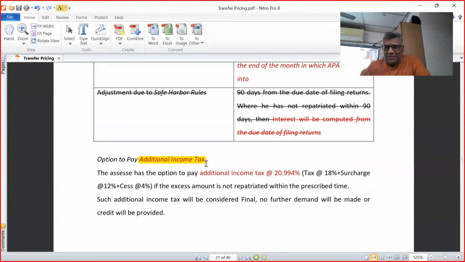Probably my question is not clear. I will compute interest up to 31st March, because it is not within 90 days. For these 4 months I will compute interest. After that only I will not compute interest. So even this additional tax, pay it within 90 days. That is indirectly said in law.